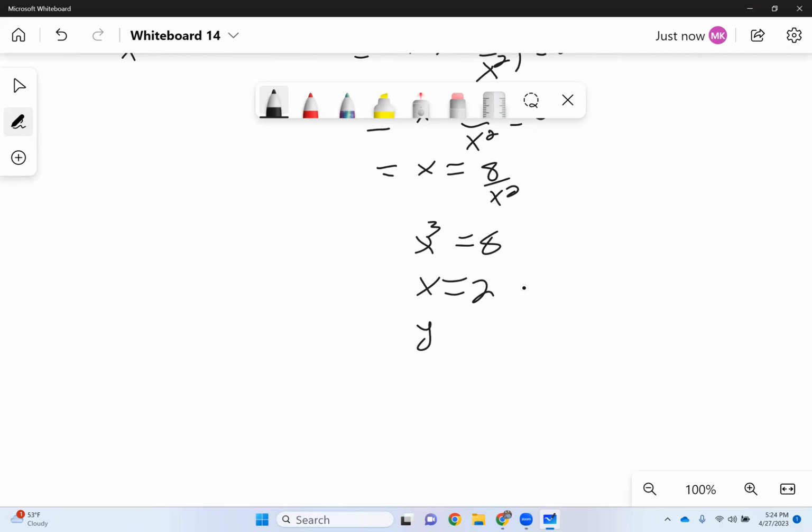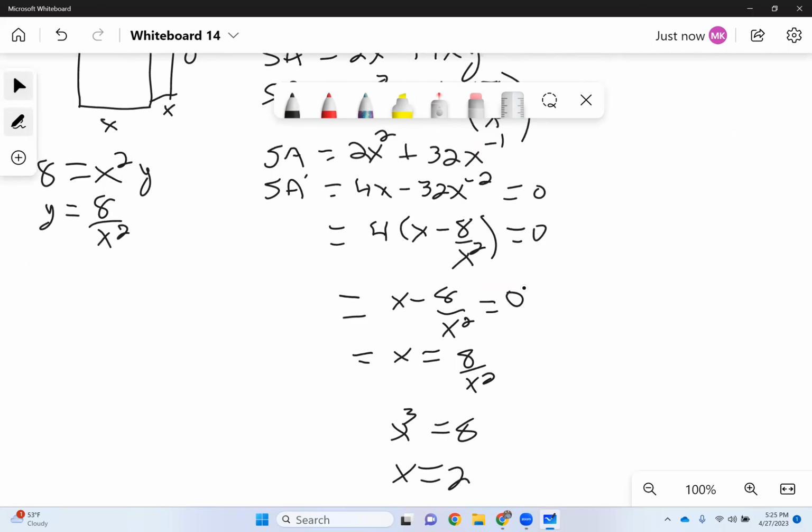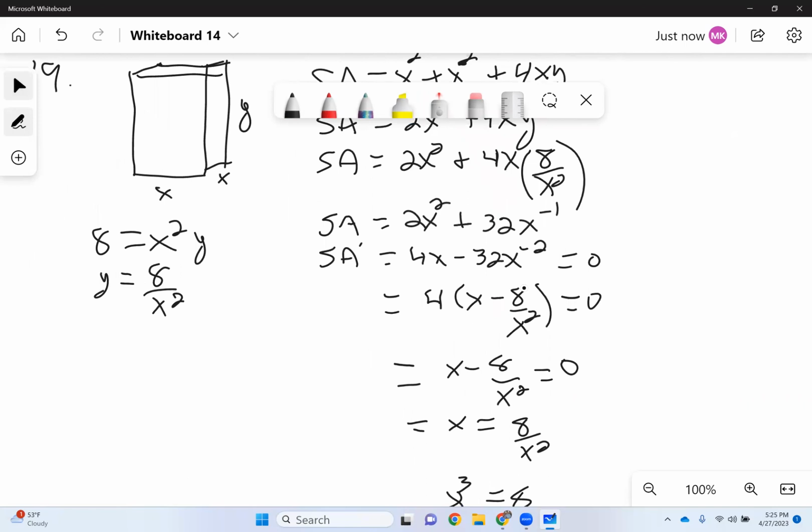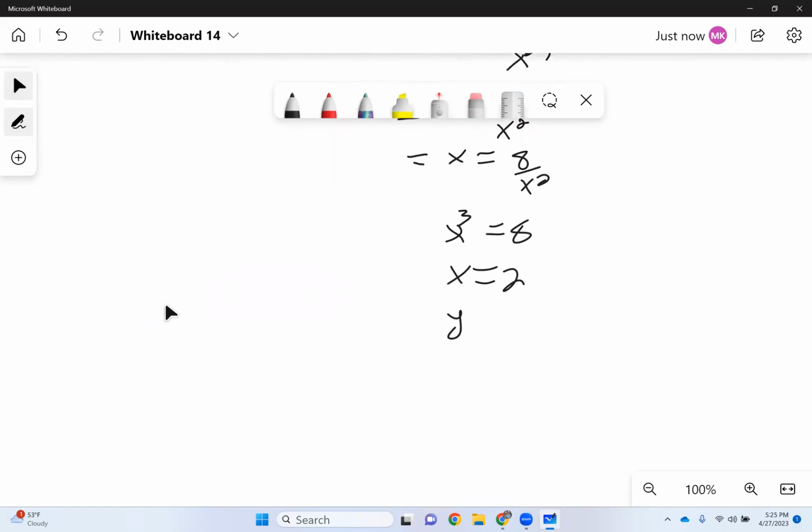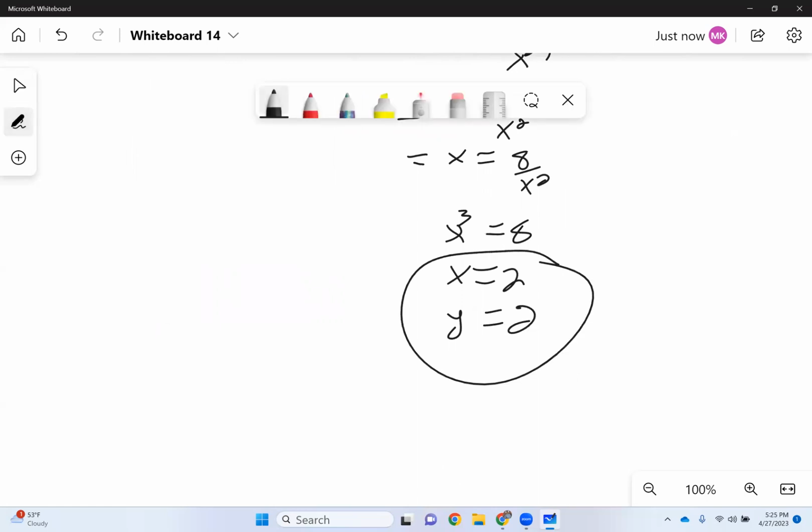We have to figure out what y is. Okay, so if x equals 2, where's our y? Oh, look over here. y would be equal to 8 divided by 2 squared, which is 4. 8 divided by 4 is 2. So y is also 2. And there's our dimensions. So it'd be 2 by 2 by 2.